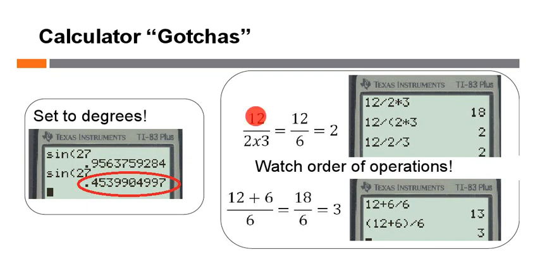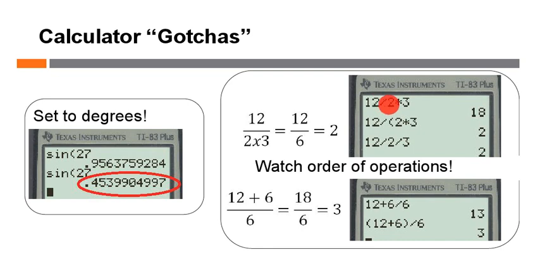Here's a problem right here, 12 divided by 2 times 3. Now you know that 2 times 3 is really a 6, and 12 divided by 6 is 2. So the correct answer here is 2. But I've put this into the calculator 3 different ways here, and I got 2 answers that are correct and 1 that's incorrect.